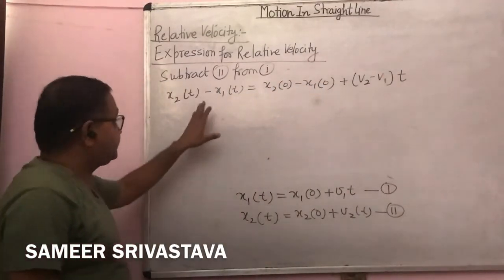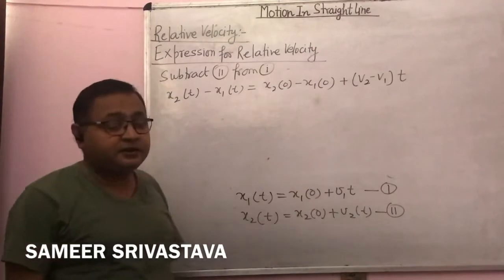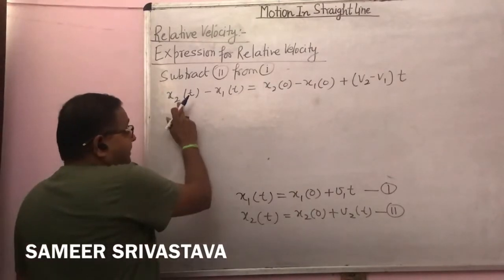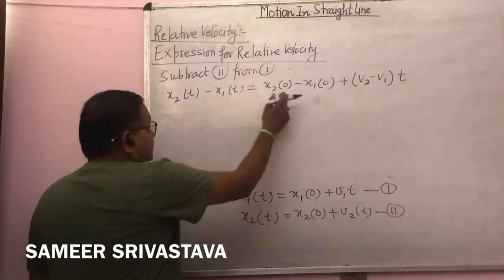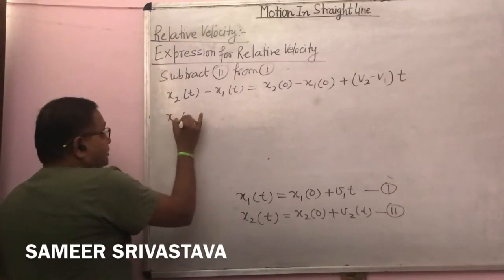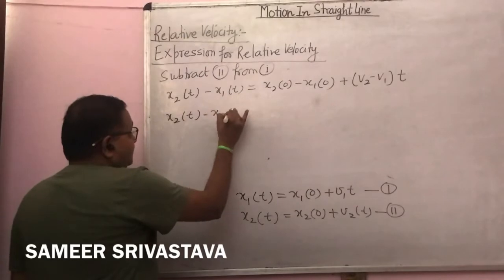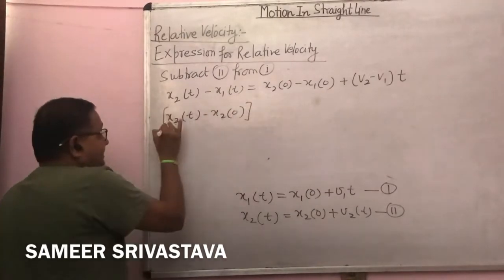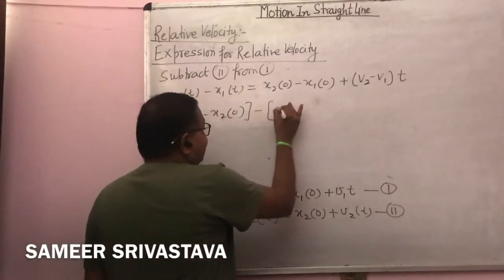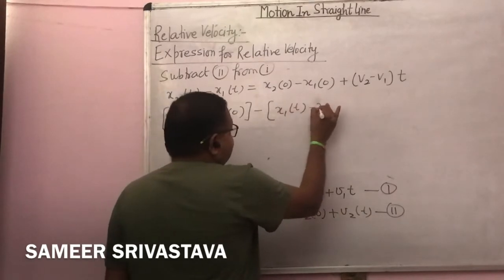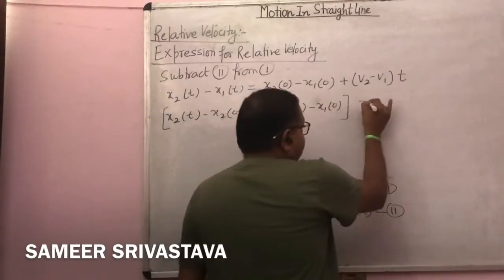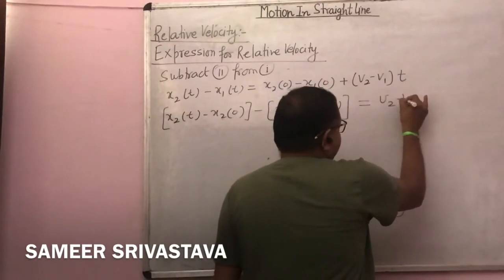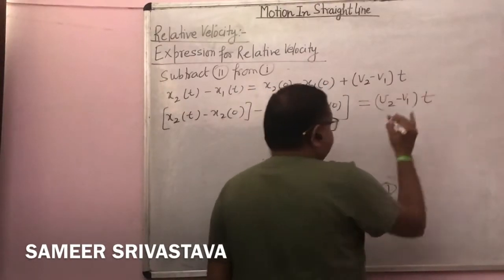So I subtract equation 2 from equation 1. Now we collect the same terms. We can write x2t minus x20 on the same side, minus x1t minus x10. And the right hand side is v2 minus v1 into t.